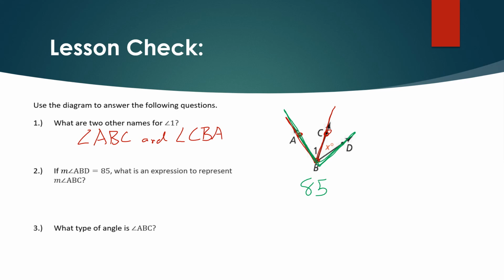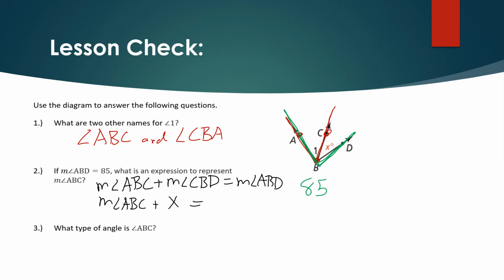Well, here's what I can say. The measure of angle ABC plus the measure of angle CBD should equal the measure of angle ABD. This is from the angle addition postulate. So the measure of angle ABC plus, well, the measure of CBD is just x, and that should equal the measure of ABD, which is 85.